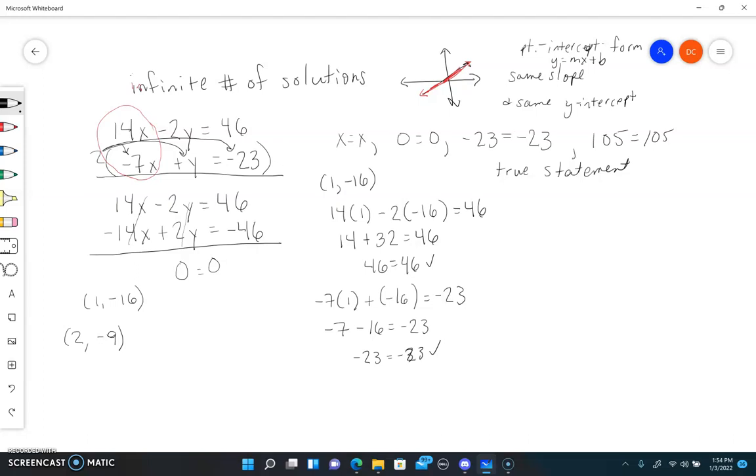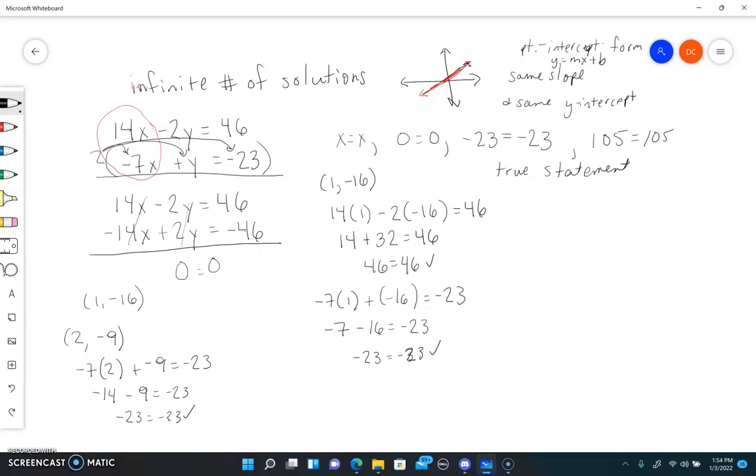So it's going to work in both equations. Negative 7 times 2 plus negative 9 equals negative 23. Negative 14 minus 9 equals negative 23. Yeah, negative 23 equals negative 23.